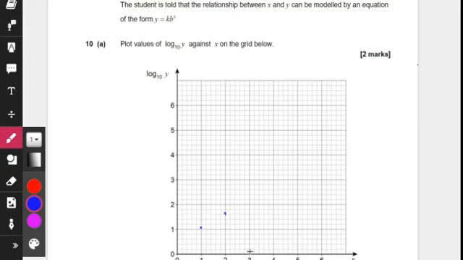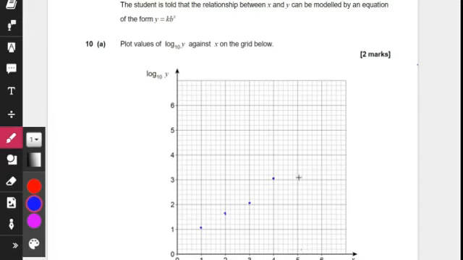When x is 3, log y is equal to 2.11. So 2.2 is here, so 2.11 is like here. When x equals 4, log y is equal to 3.04. So that's going to be somewhere here. When x equals 5, log y equals 3.11.